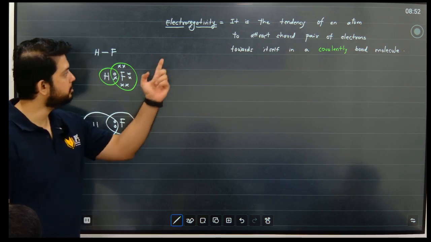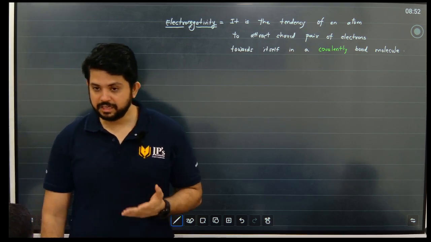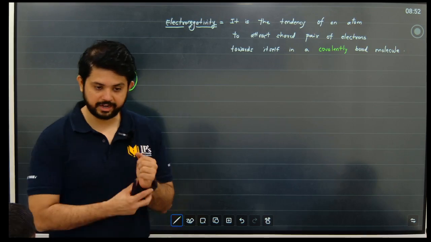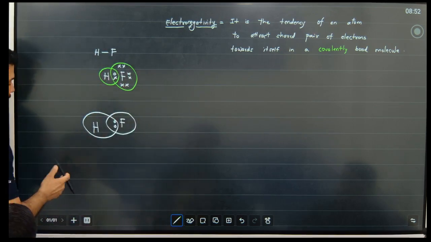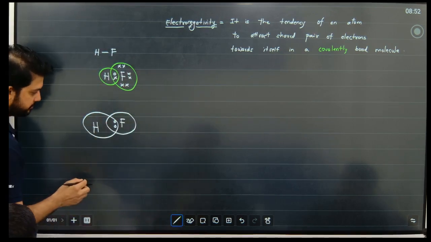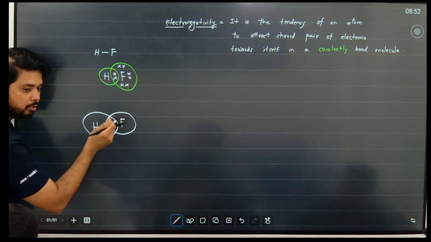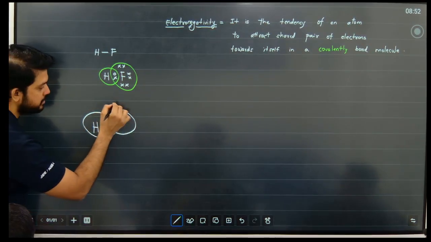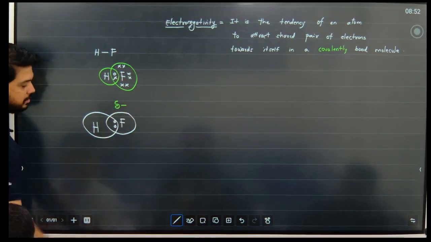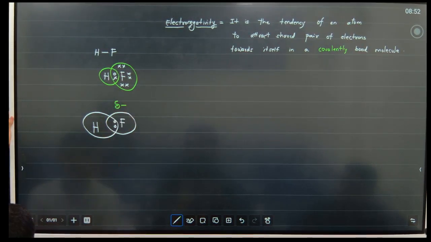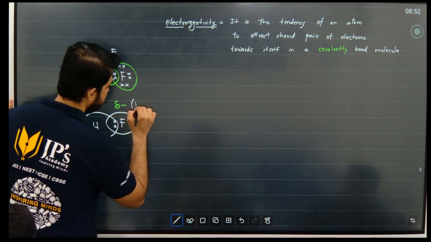इसी tendency को हम क्या बोलते हैं people? EN or electronegativity. ठीक है. Now what happens because of this? Electrons are closer to fluorine. It develops what is called as a partial negative charge. ठीक है. How will we read this? इसको हम क्या बोलेंगे people?